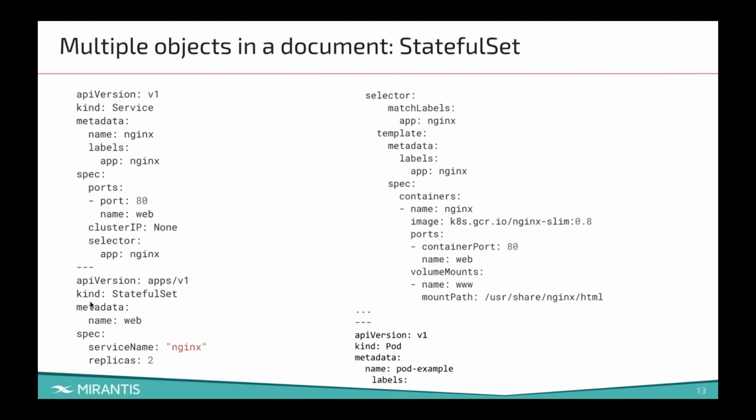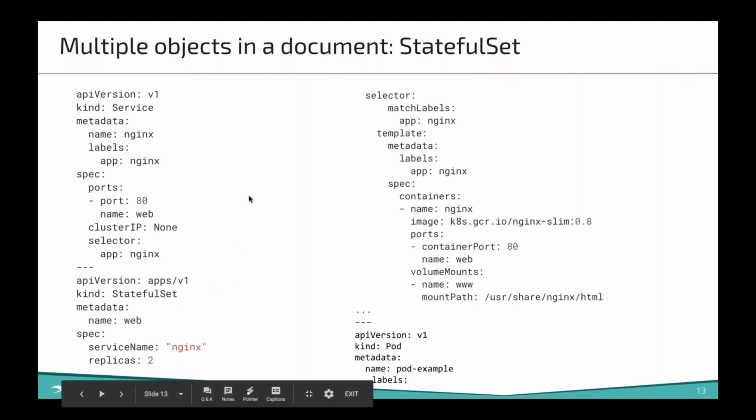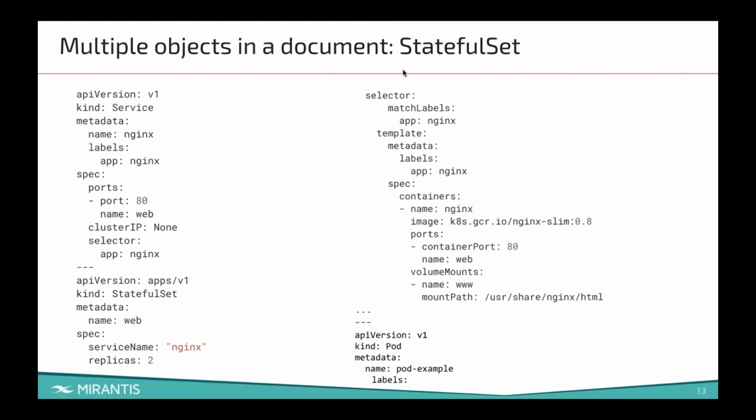All right, so we've got our 3 dashes, and we come in, we have a stateful set, which you may be familiar with. That is where you actually keep your information persistent. And then at the end of this stateful set, we have 3 dots, which indicates the end of the document.